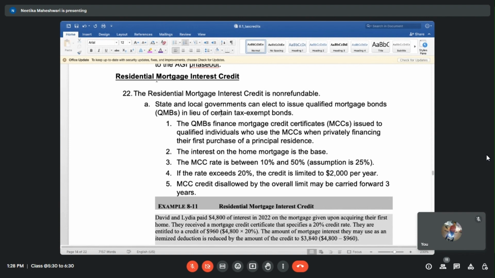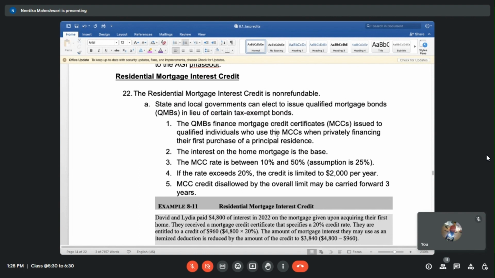Now, here we are not talking about the mortgage interest deduction, we are talking about the mortgage interest credit. Again, this is not a very usual credit that you see. It's not something people popularly talk about, but it is possible. How? If you take some mortgage, then state or local governments can also give some kind of incentive on that, and they may issue mortgage bonds in lieu of certain tax-exempt bonds.